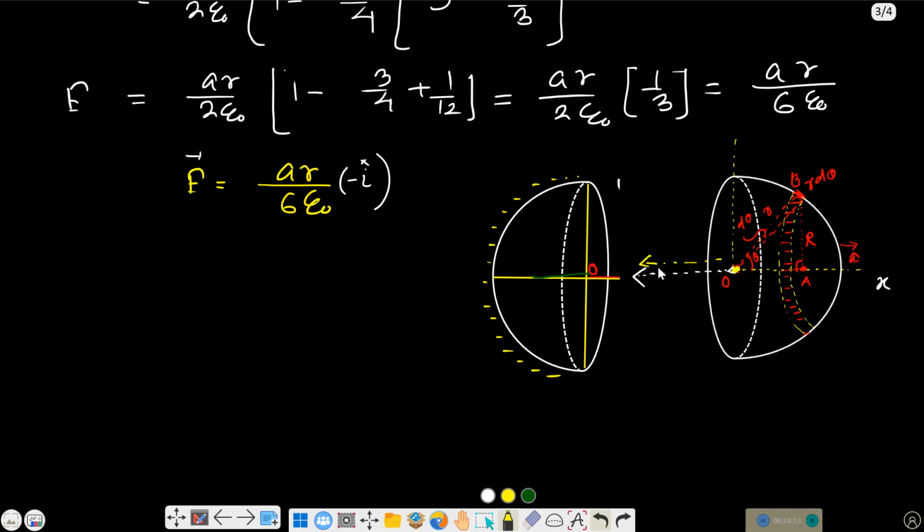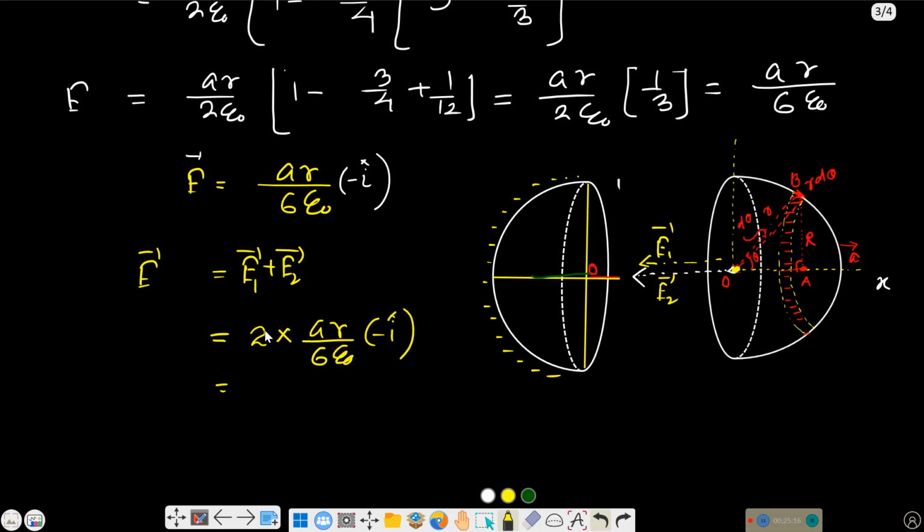You see, this was E1, this was E2, so both will have the same magnitude, so the total electric field E will be equal to E1 plus E2, and both have the same magnitude, so the net electric field will be 2 into AR by 6 epsilon naught along minus i cap.